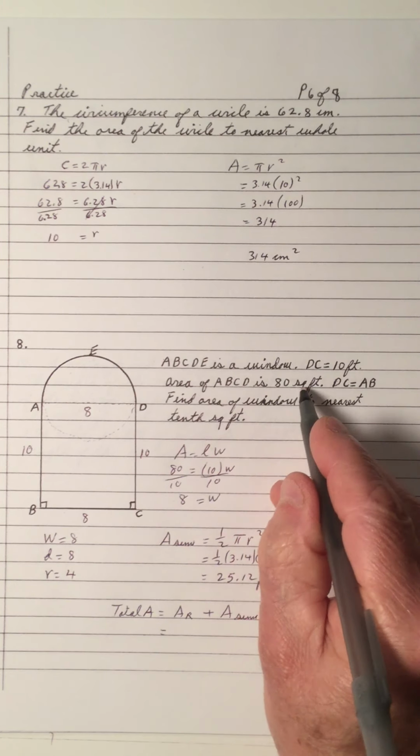That means this height is the same as this one, because these 2 heights are equal. So that's a 7 and that's a 7. If that's a 7, then this little piece right here must be 10 minus 7, so that must be a 3. 7 and 3 makes 10.